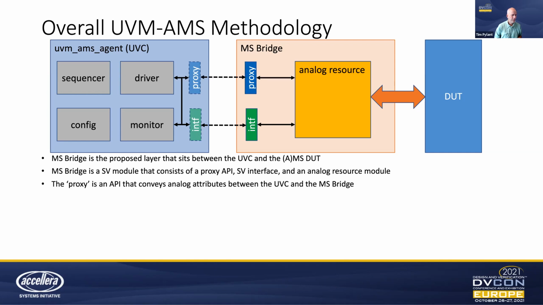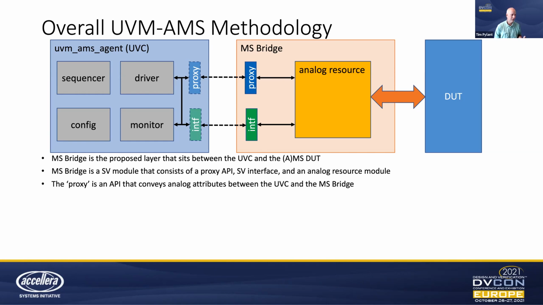And we also add in this additional component that we call a proxy or an API. And this is what programs the analog resource. So just imagine that you want to create a sine wave or a sawtooth signal or something like that. You couldn't do that through the interface signals because you would just provide a single value.